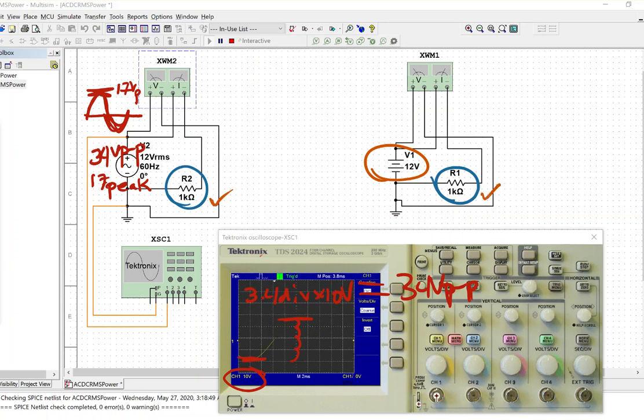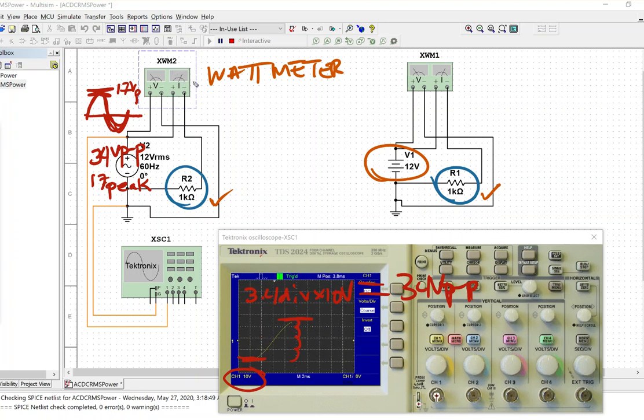And so what I've done is I've hooked up two ammeters. Sorry, I'm saying ammeter, I mean wattmeter. The thing to note about the wattmeter is that it has both a voltmeter connection and an ammeter connection, right?